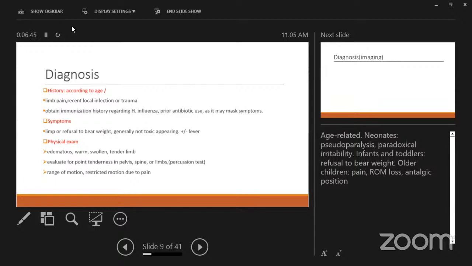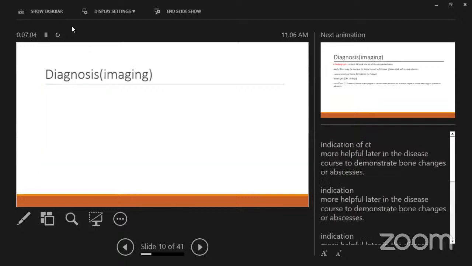We percuss far away from the site of the complaint. If the percussion test is positive, eliciting pain, this means that there is infection in the bone. While in cellulitis, which means soft tissue infection, there is a negative percussion test. Range of motion is restricted due to pain.